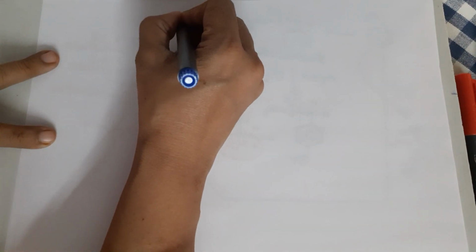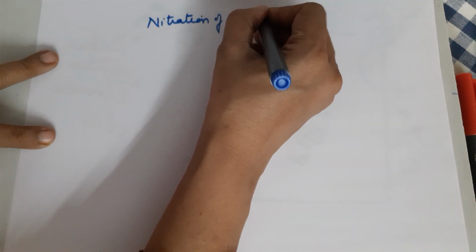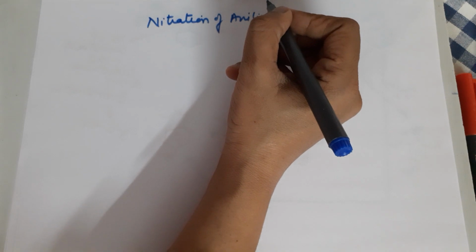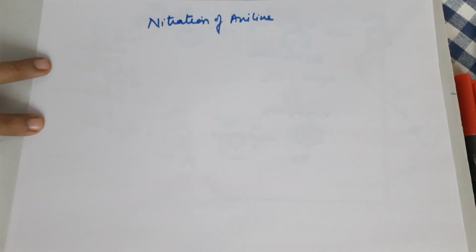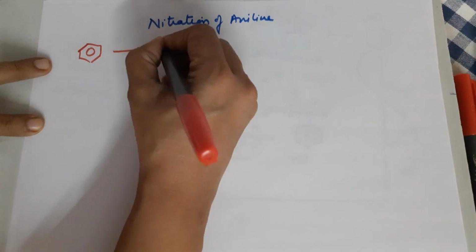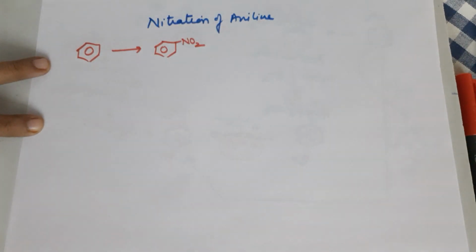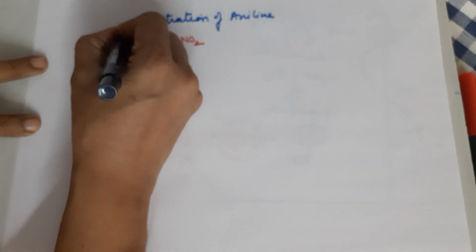Now coming to nitration of aniline, the second chemical property. Before I go to the nitration of aniline, what you need to know is how you perform nitration of benzene. If you want to make nitrobenzene from benzene, what are you supposed to add?